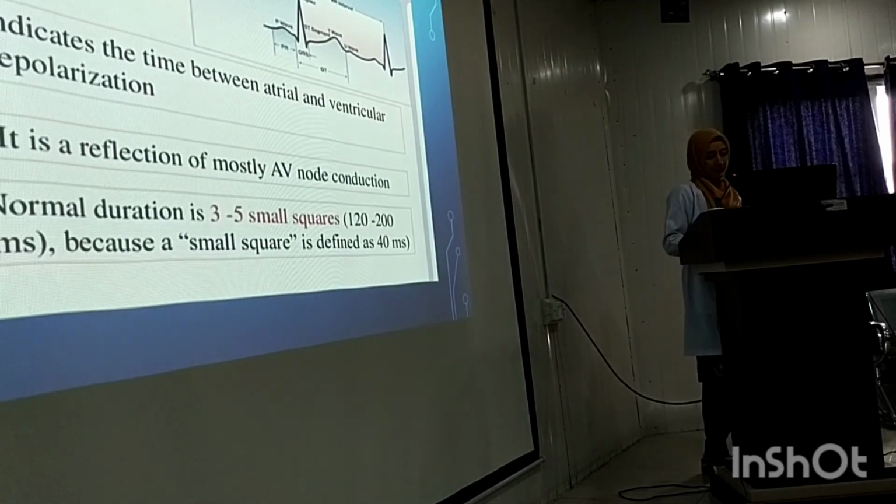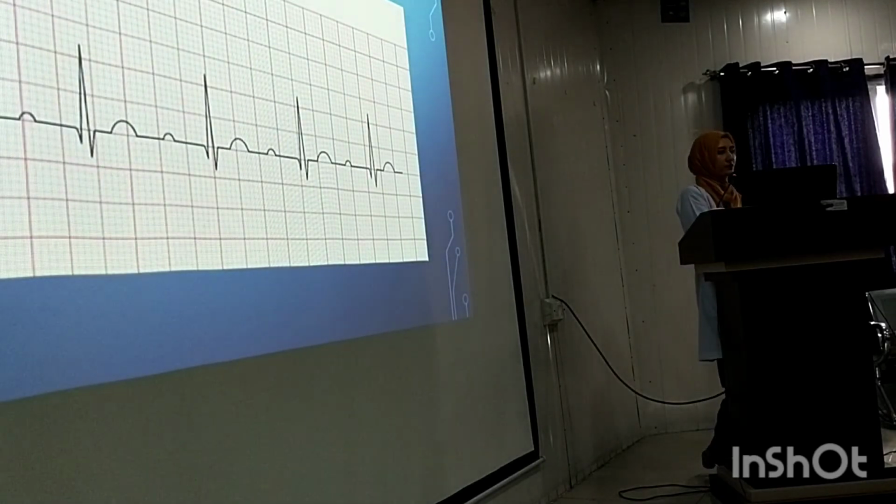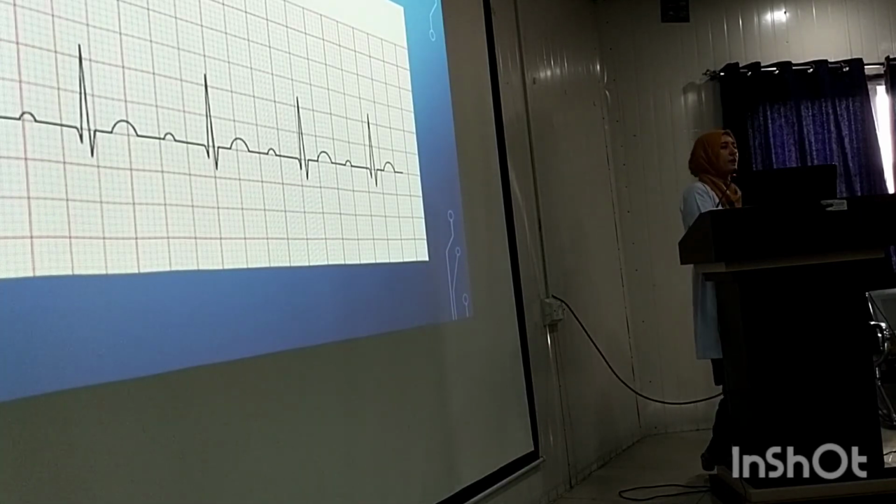So basically the distance of a PR interval is 3 to 5 small boxes. Okay, 3 to 5 small boxes is the normal distance between a P wave and a QRS complex. Anything that increases this distance will cause first degree heart block.